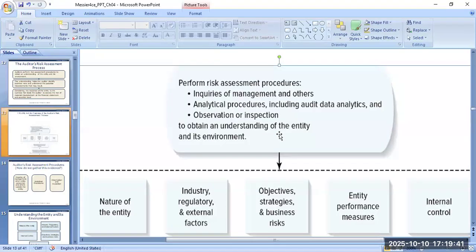We're going to do some analytical procedures, including audit data analytics, and we're going to do some observation or inspection. We're not on testing here, we're just observing, to get some understanding about the entity as a business and the environment in which the entity works.